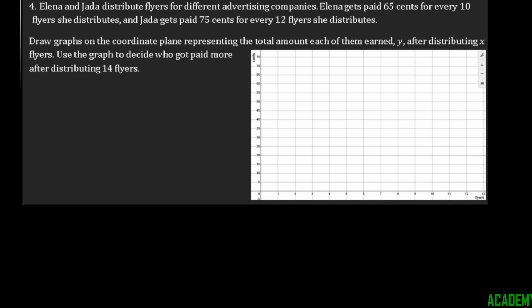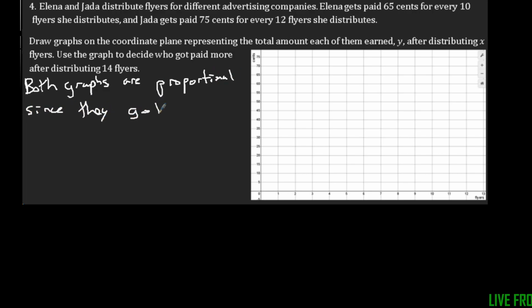So what we're going to say is this. First, we can say that both graphs are proportional since they go through 0, 0.